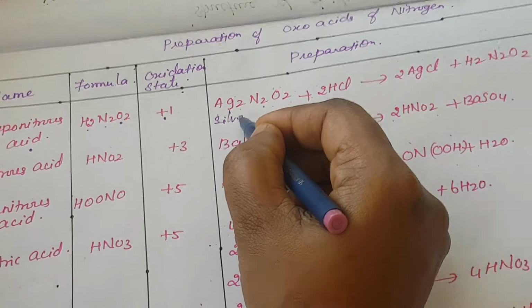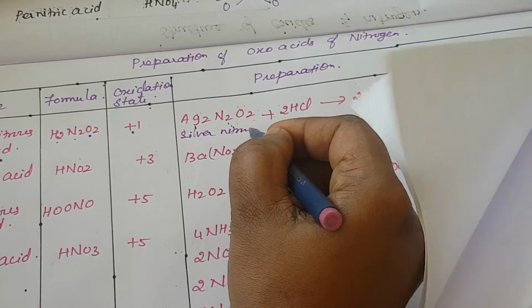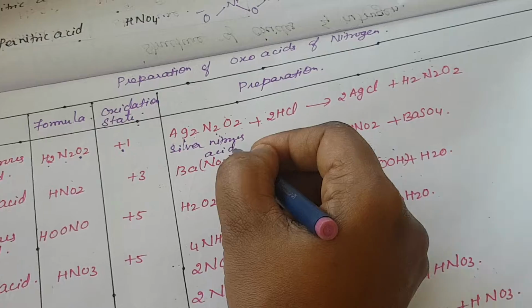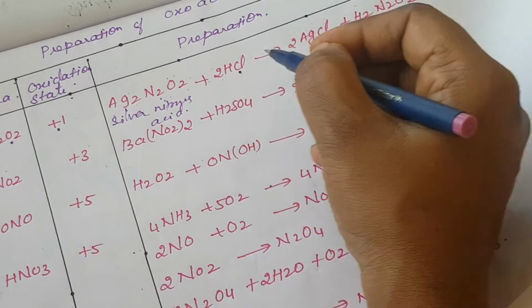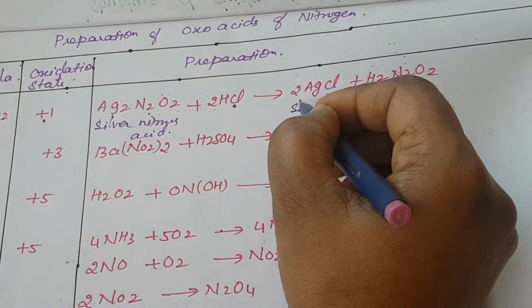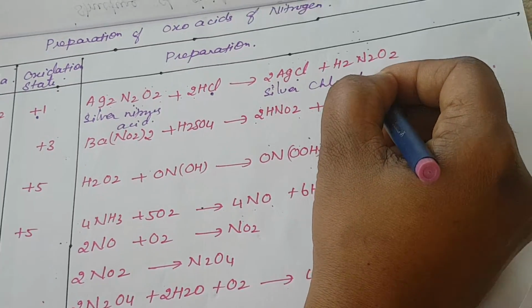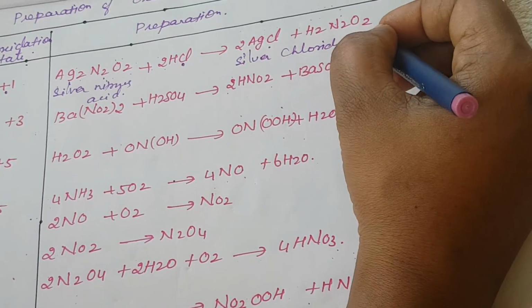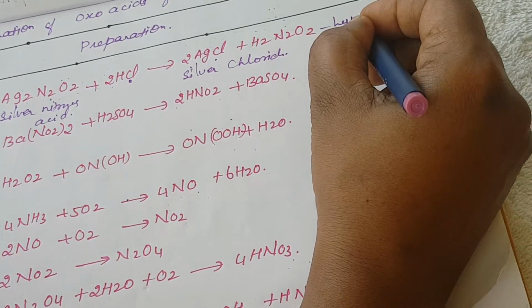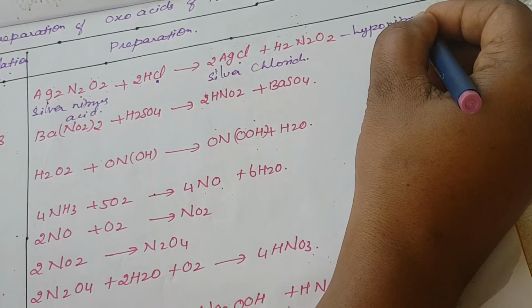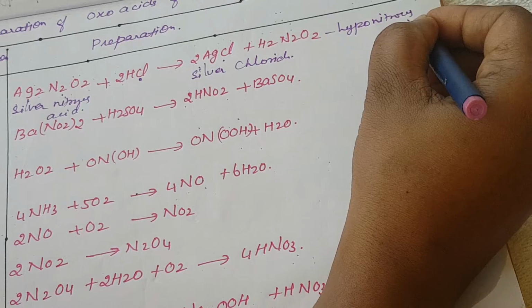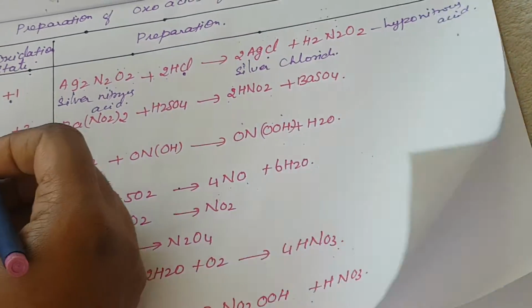Silver hyponitrite reacts with hydrochloric acid to form silver chloride. What is the compound name? Silver chloride. And this is hyponitrous acid. Hyponitrous acid.